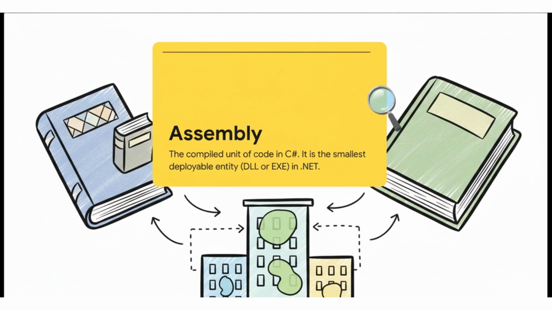It's the actual file you end up with, that DLL for a library or an EXE for an application, the thing you can actually deploy, share, and run. It's the smallest piece of your application that can be versioned and shipped as one unit, making it the real, tangible thing that comes out of all your hard work.